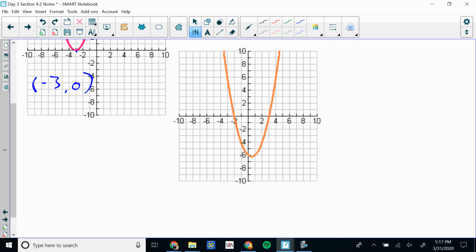And this next one, number 2, has 2 solutions right there and right there. We have the point negative 2, 0, and the other one is 3, 0.